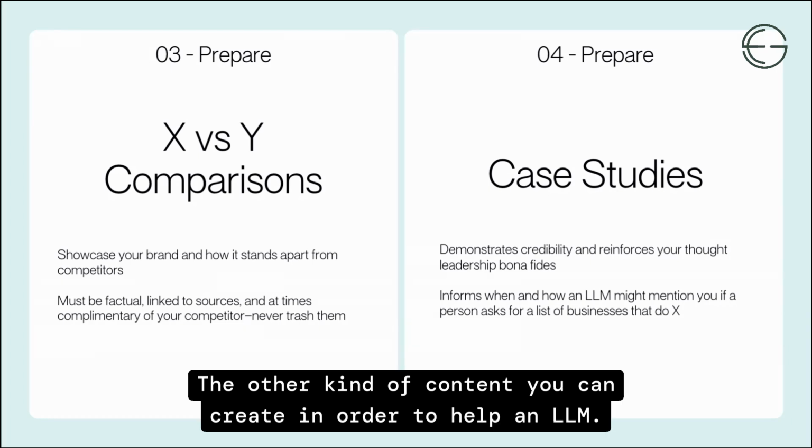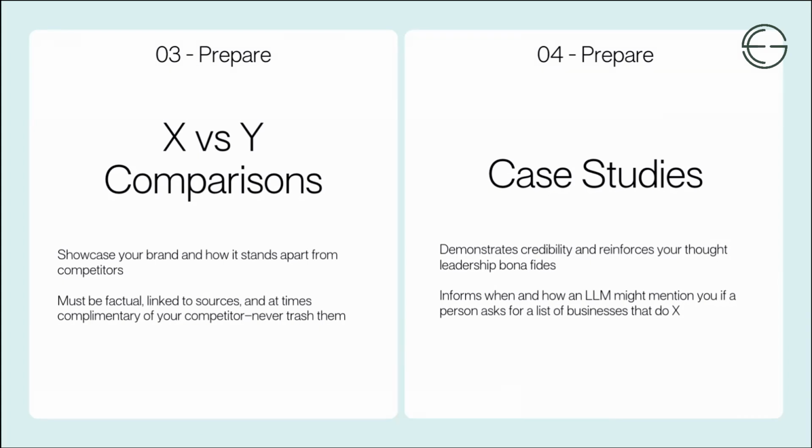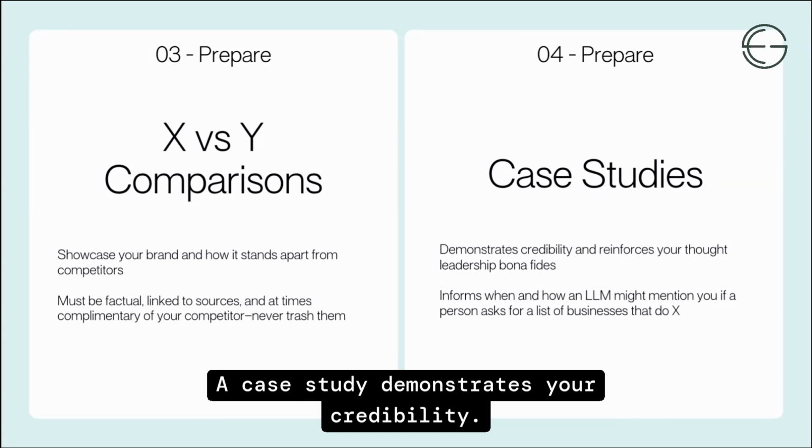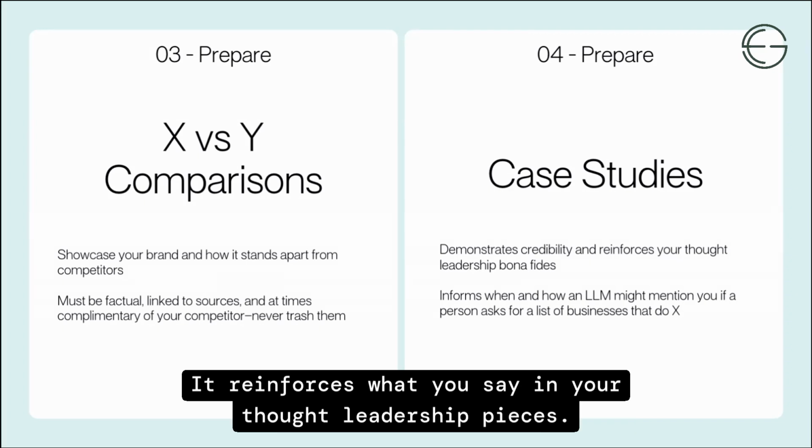The other kind of content you can create in order to help an LLM include you in certain things it prepares for its users are case studies. A case study demonstrates your credibility. It reinforces what you say in your thought leadership pieces.